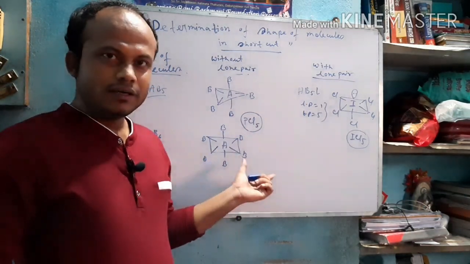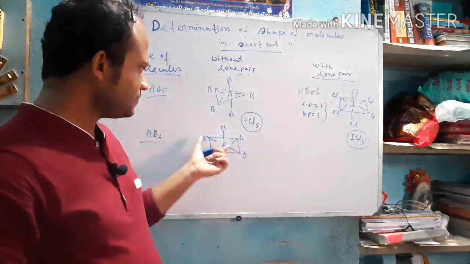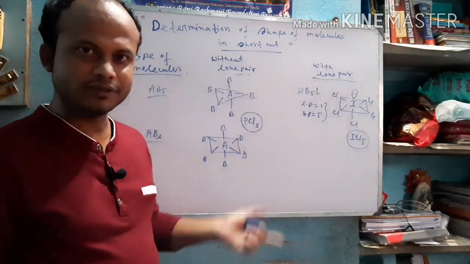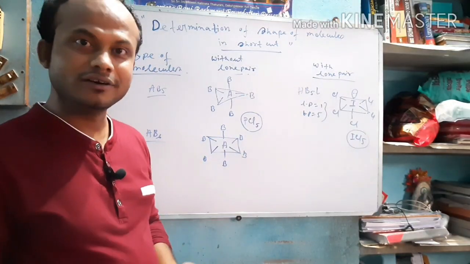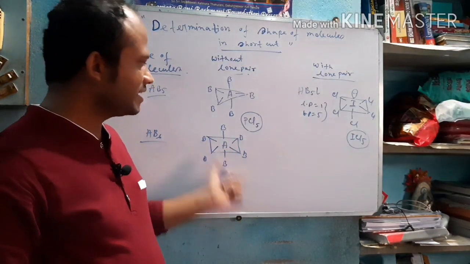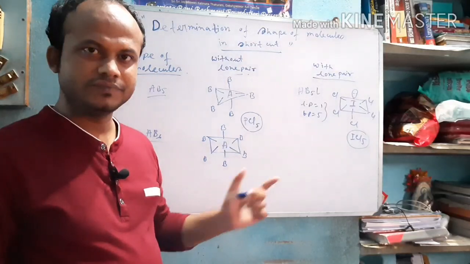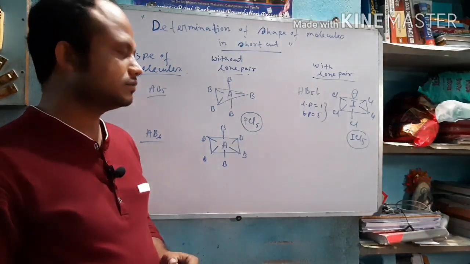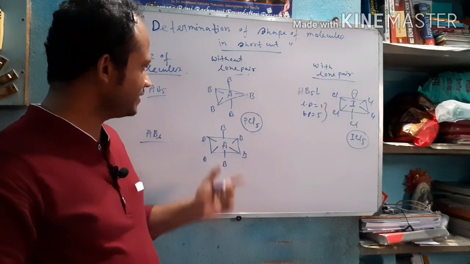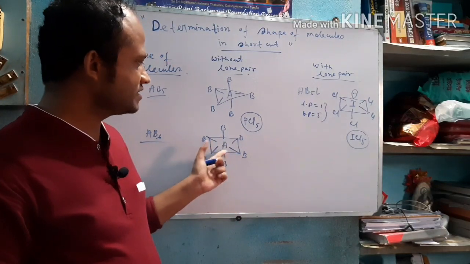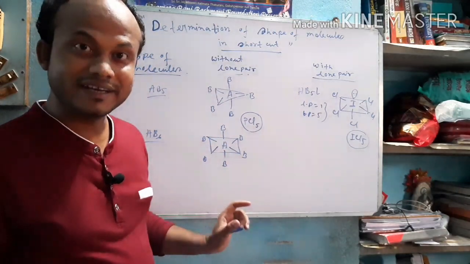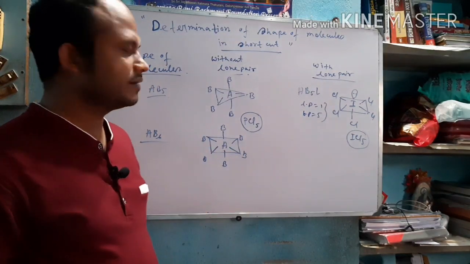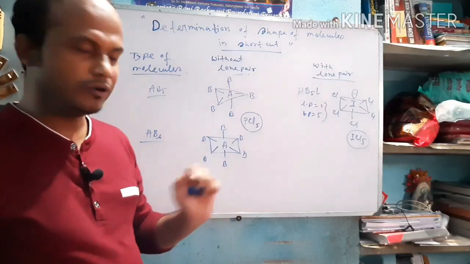Group 16 elements, oxygen, sulfur. Oxygen can't form this type of molecule, this type of structure, because due to the absence of d orbital, it can't unpair its electrons into the d orbital. But sulfur can form unpaired electrons, and it can form 6 unpaired electrons, and with these unpaired electrons with 6 atoms, it can form 6 covalent bonds.